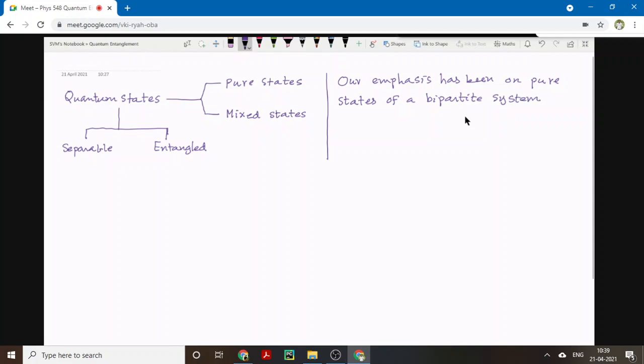A bipartite system is a composite system of two subsystems, such as two qubit systems. And pure states of a composite system.